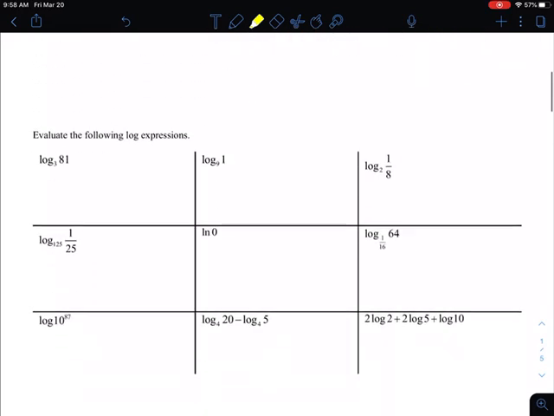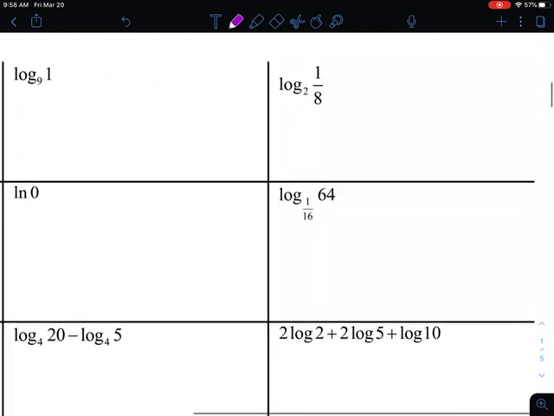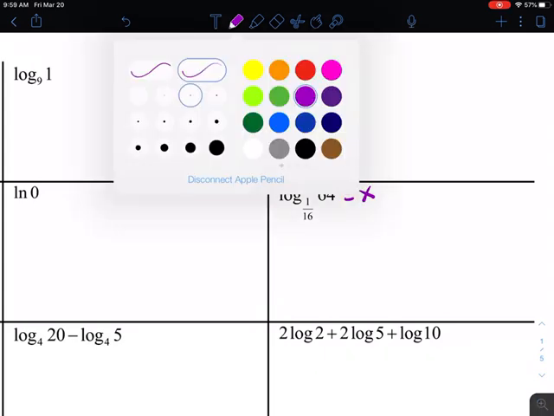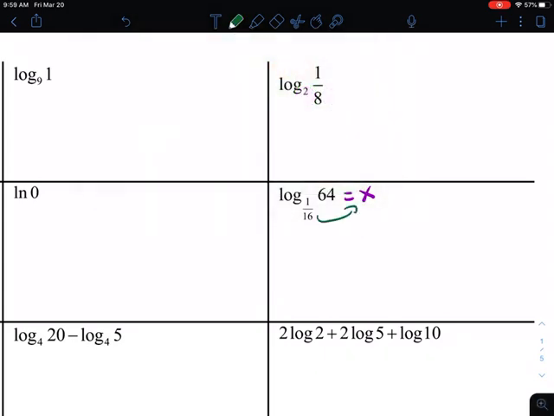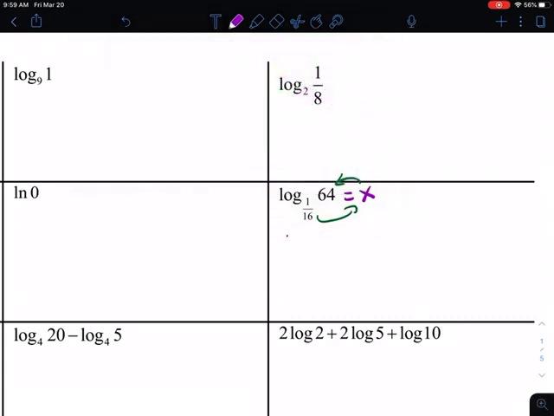Let's do a couple of evaluating log expressions. Let me try this one right down here, log base 1/16 of 64. Remember, if you're ever not sure, you can always first rewrite it in the other form. So I get 1/16 to the power of x equals 64.